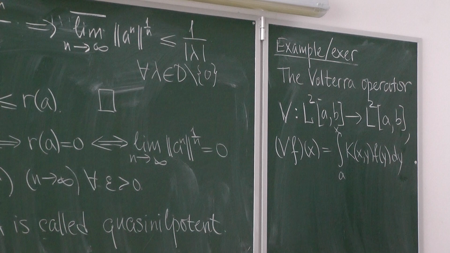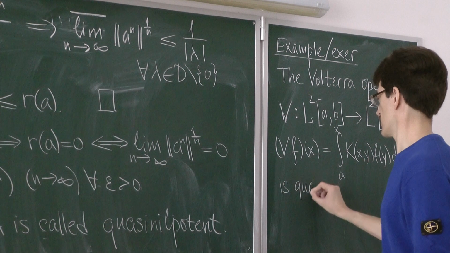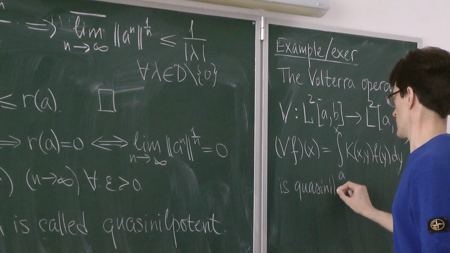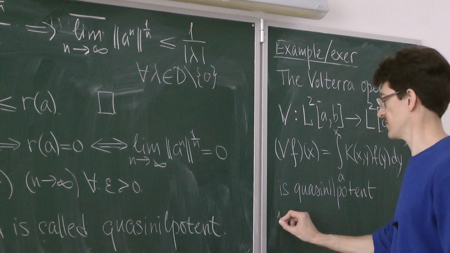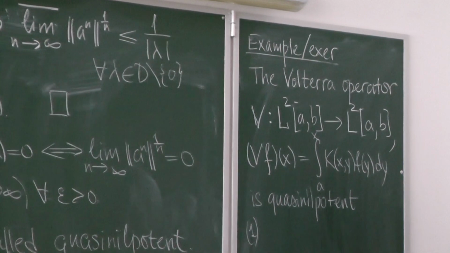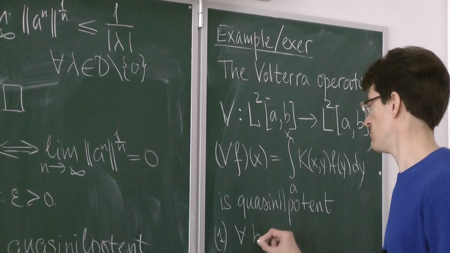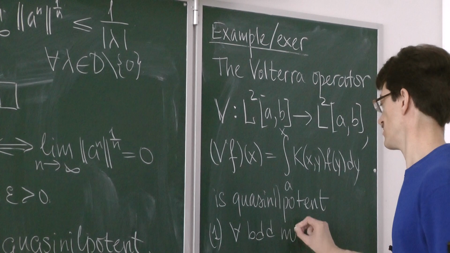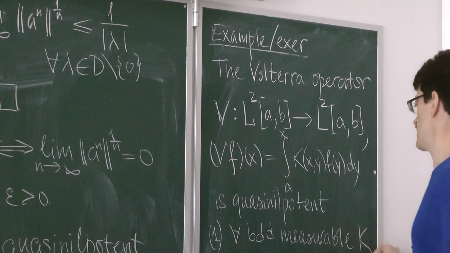I claim that this operator is quasi-nilpotent. And actually we have two exercises here. The easy part is to show that this operator is quasi-nilpotent if big K is bounded, for each bounded measurable function K.